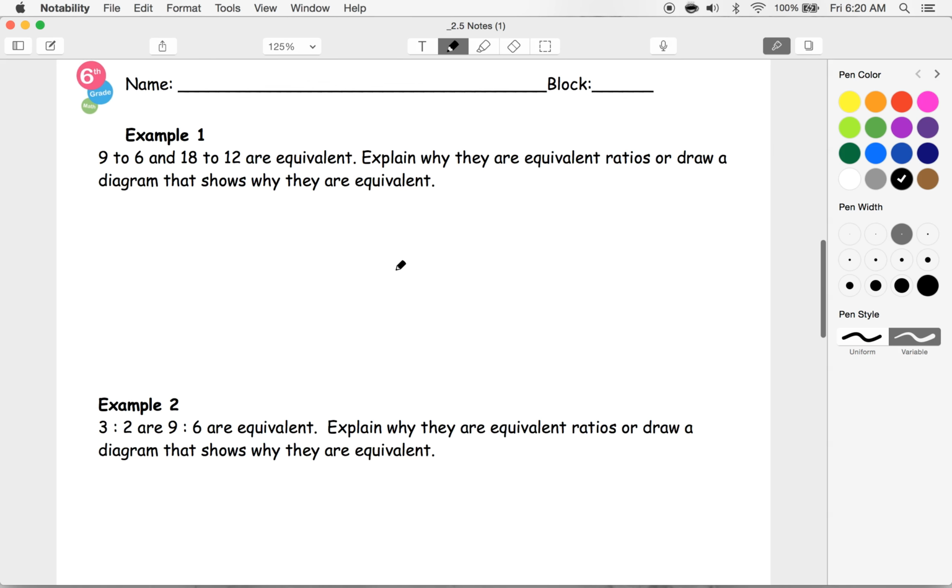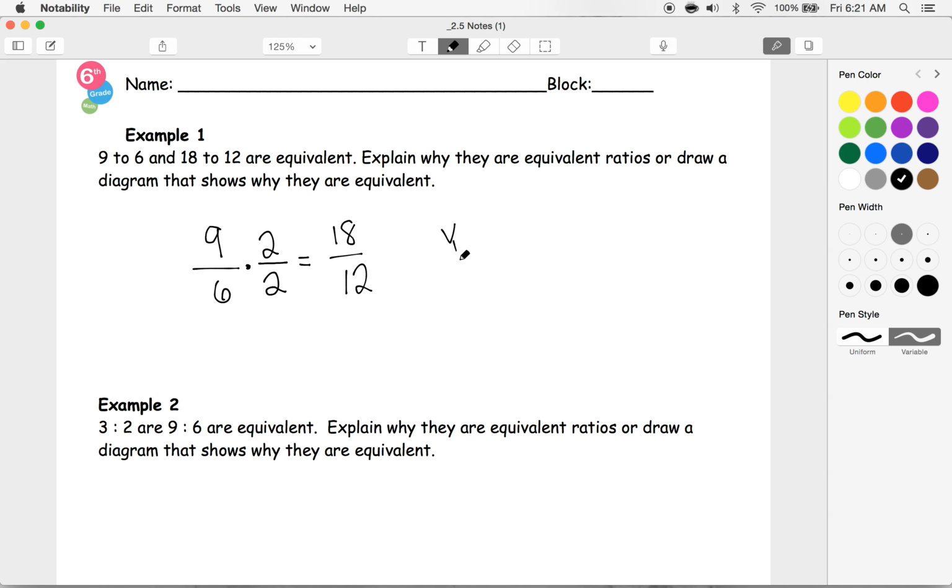All right, explain, is 9 to 6 and 18 to 12 equivalent? Can I find a way to get from 9 to 18? Can I find something that gets me from 6 to 12? And I can. 9 times 2 gives me 18, and 6 times 2 gives me 12.